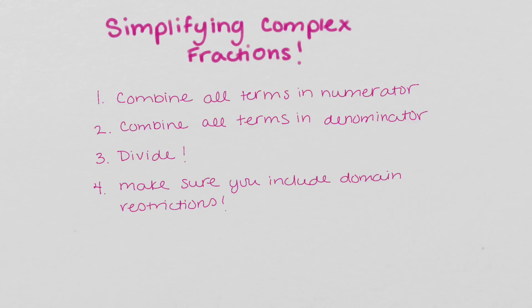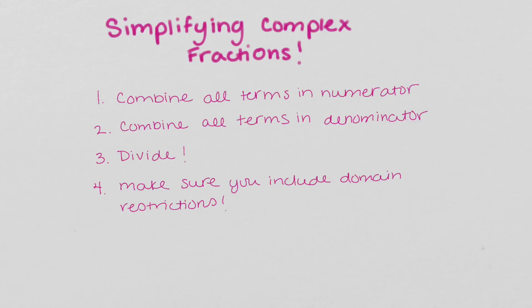Today we are simplifying complex fractions, and the way that you simplify complex fractions is that you combine all terms in the numerator, combine all terms in the denominator. And so then what you have is a fraction that has one fraction in the numerator and one fraction in the denominator, nothing else.